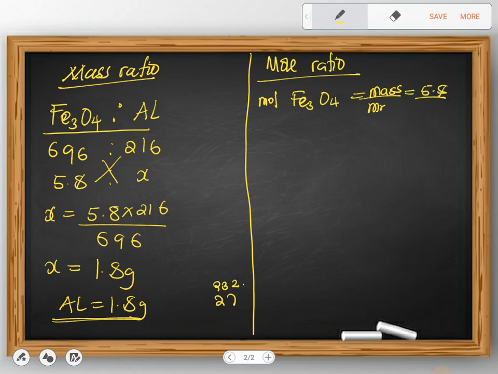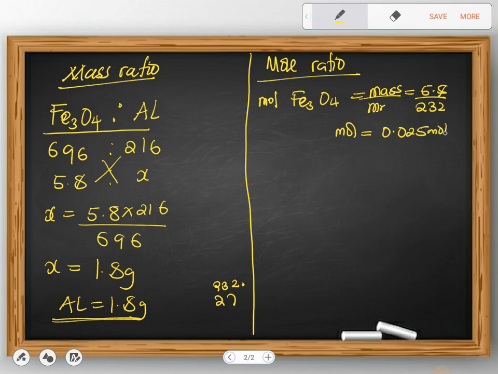Molar mass, I'm going to put 232 without the 3 in front. So 5.8 by 232, 0.025 moles.